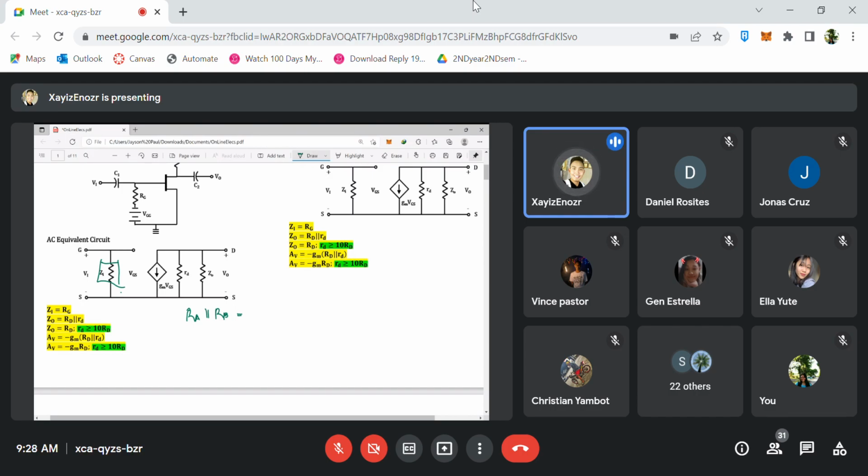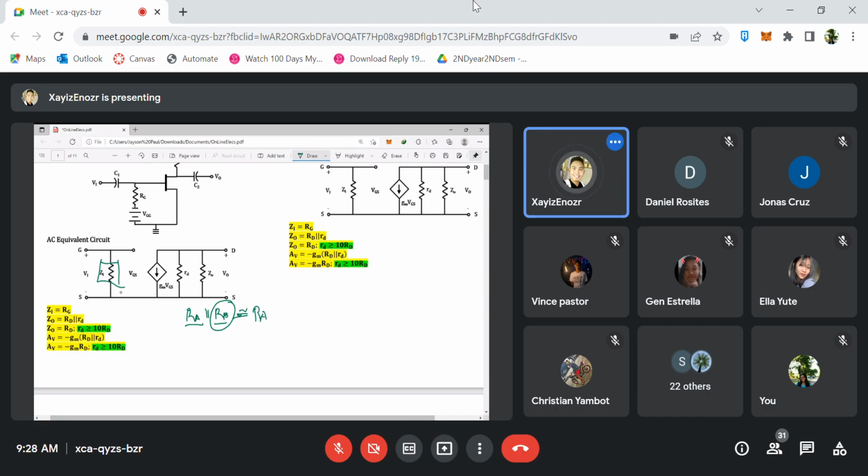So tingnan nyo na lang, for example, pag sobrang laki ng isang resistor, for example, si RA may value ng resistance, and RB. Then yung value ni RB is sobrang laki compared kay RA. So ano tingin niyo magiging value ng equivalent resistance? So kapag sobrang laki ng isang resistance, for example ni RB, compared sa isang resistance RA, therefore, ang mangyayari niyan is almost equal na yan dun sa mas maliit na resistance.